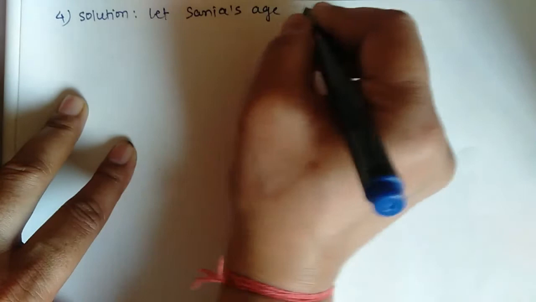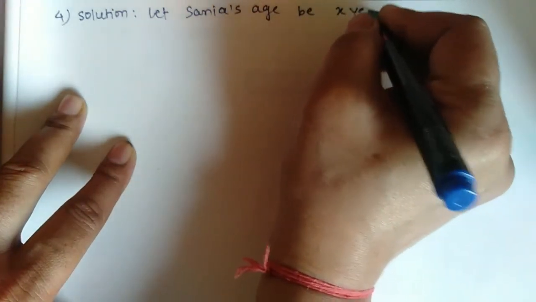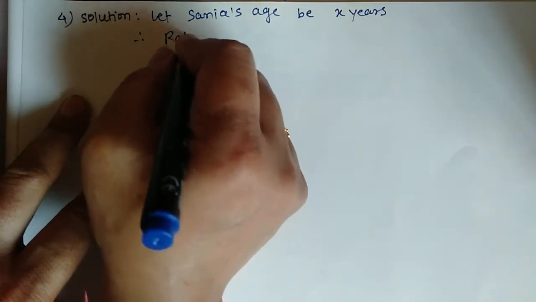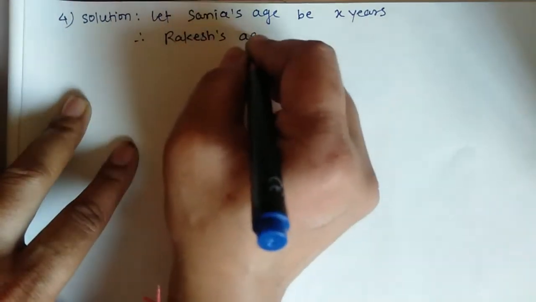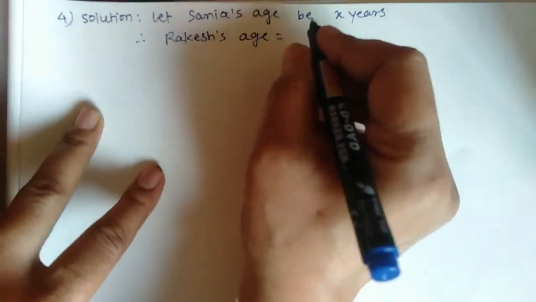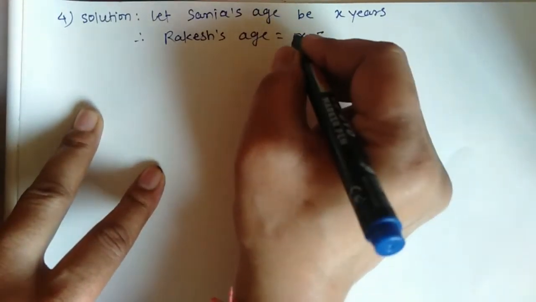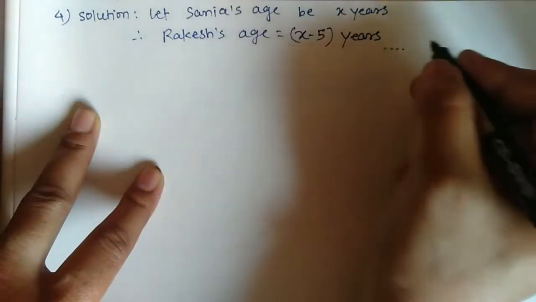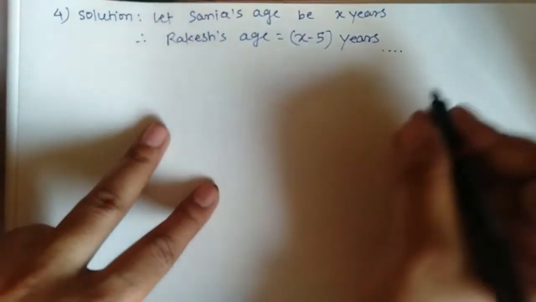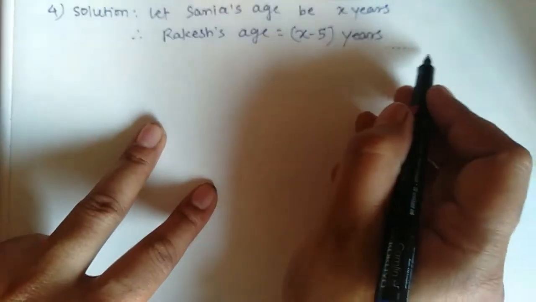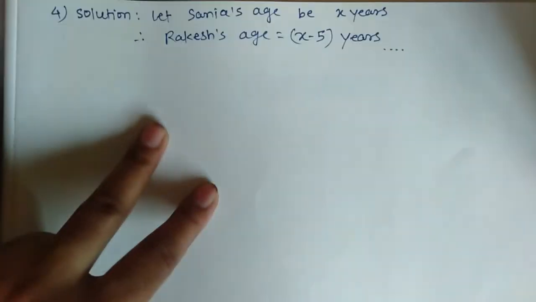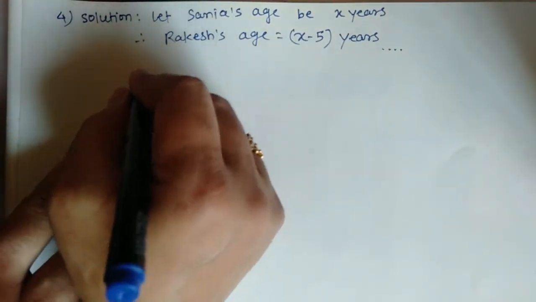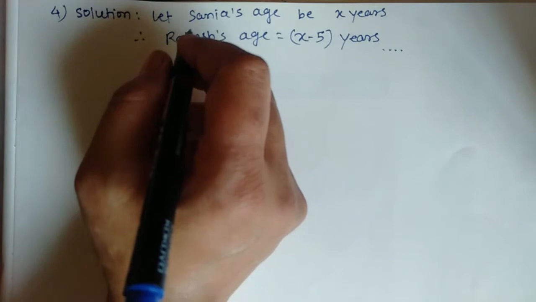Let Sania's age be x years. Therefore Rakesh's age is equal to x minus 5 years, because Rakesh's age is less by 5 than Sania's age. Correct? So according to the condition, what is the condition there?